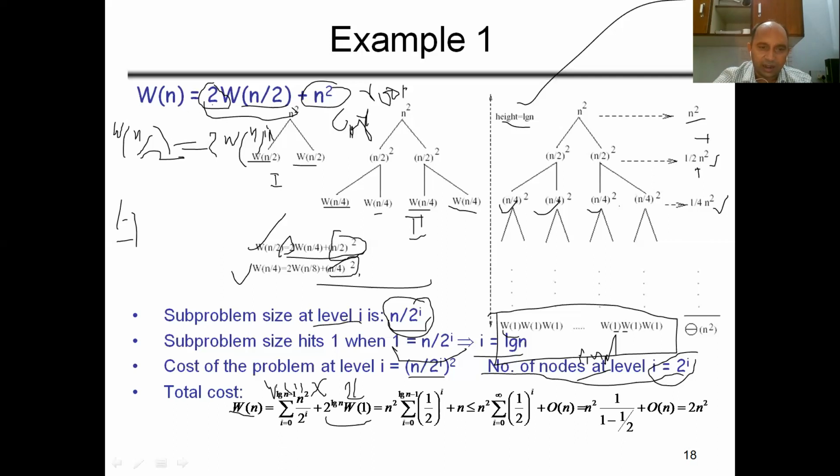The cost of each level is (n/2) to the power i, plus the cost of the last level: 2 to the power log n number of nodes times the cost of one node W(1). After solving this equation, I can write this. Finally, this becomes 2n square. So the cost of this relation becomes big O of n square. Thank you.